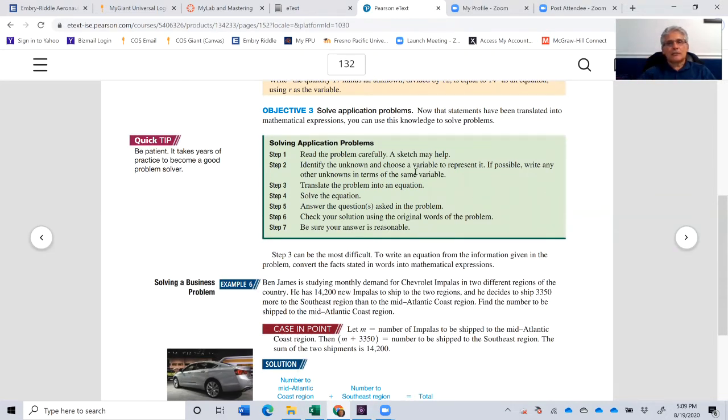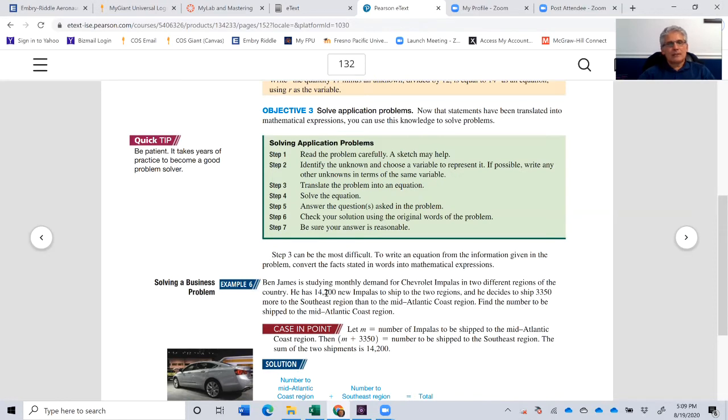Identify the unknown and choose a variable to represent it. If possible, write any other unknowns in terms of the same variable. Translate the problem into an equation, solve the equation, answer the question asked in the problem, check your solution using the original words of the problem, and be sure your answer is reasonable.